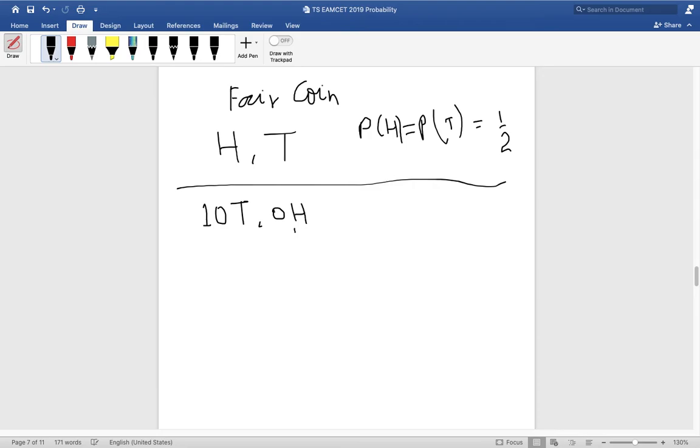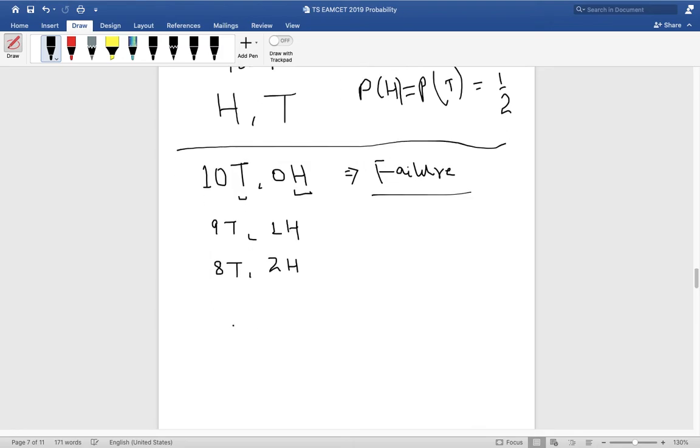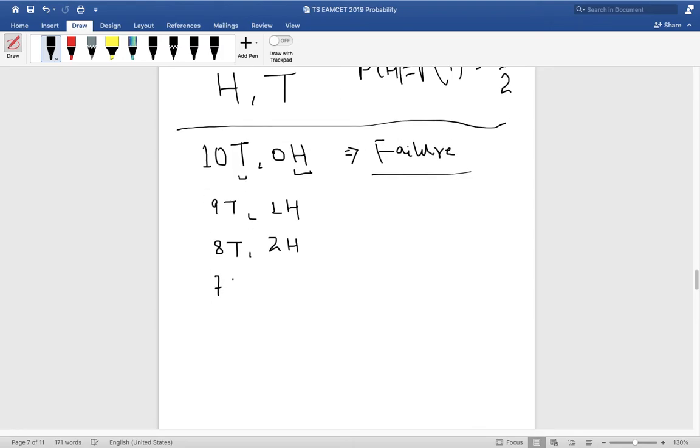Since head is considered as success, tails as failure, 10 is greater than 0, so this will be considered more failure and less success. 9 tails, 1 head is also considered, 8 tails, 2 heads will also be more failure and less success. 7 tails, 3 heads will also be there.